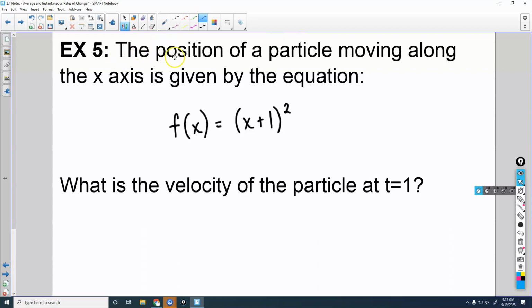So the position of a particle moving along the x-axis is given by the equation here. What is the velocity? Really honestly, they would probably use t's in this problem instead of using x's. Let's make it t's.